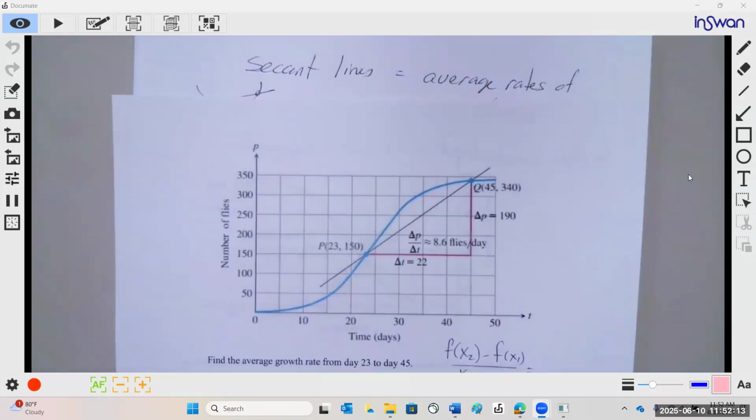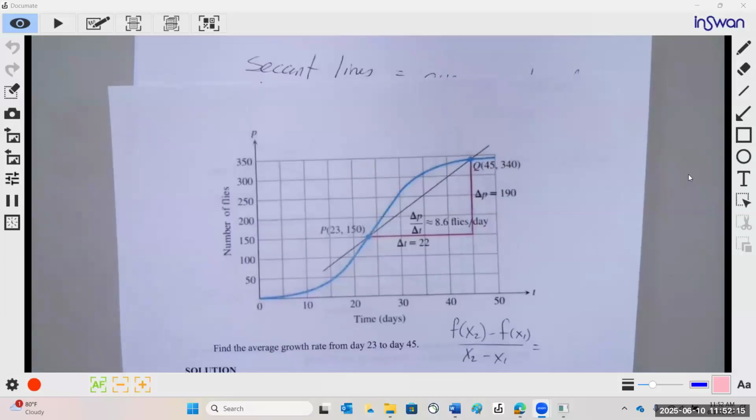So tell me how many flies are growing per day? And yes, you're going to use your calculators for this because I don't want you guys to break your heads. 8.6, right? How'd you get that? Does it look good? Yes. Now, how did you get it? I divided 190. How'd you get 190? Again, you're in a calculus class. You're in the real world. You're not going to say, it's right there.